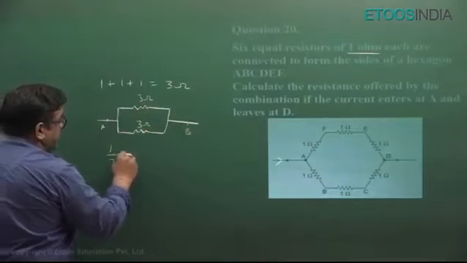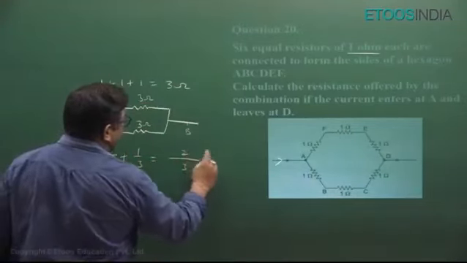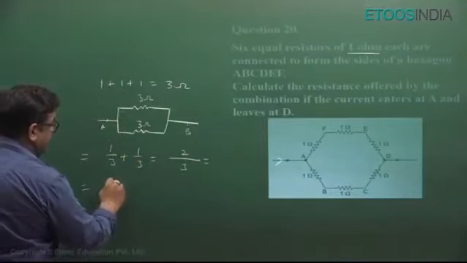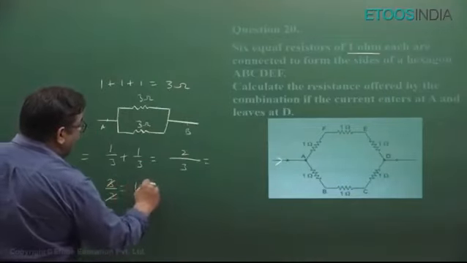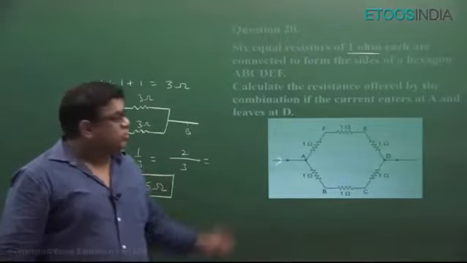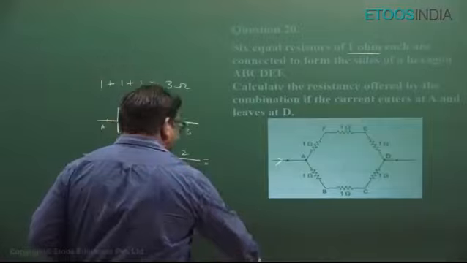So 1 upon 3 plus 1 upon 3 equals 2 upon 3, and the answer will be 3 by 2, that is 1.5 ohm. Got it? So this is how we solve this one. Let's move on to the next question now.